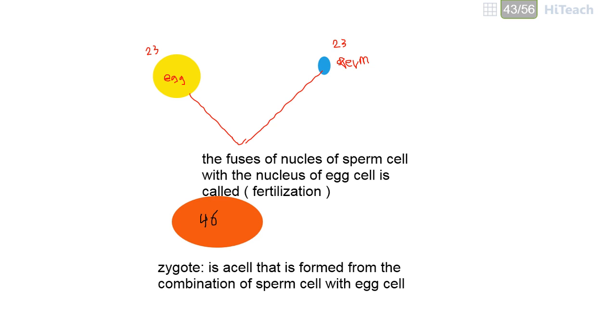At the end, the offspring will have the same total number of chromosomes as each of its parents. The dad has 46 chromosomes, the mom has 46 chromosomes, and the offspring will have 46 chromosomes. Here I'm talking about human beings, for sure. Other animals are the same, but I'm talking about the number of chromosomes in a human.